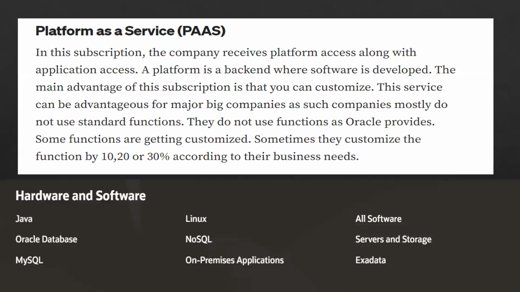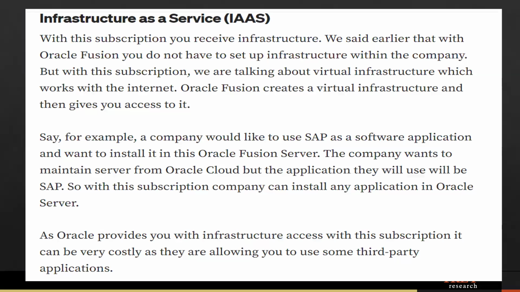So this is PaaS. Next level, the IaaS subscription. PaaS is the high level, and in IaaS we have some limitations, like we cannot create a customized screen, or access the backend tables.